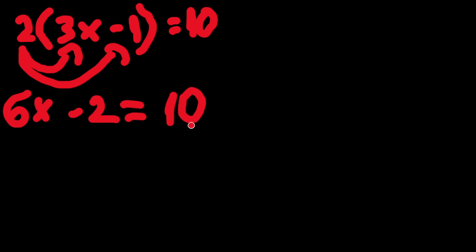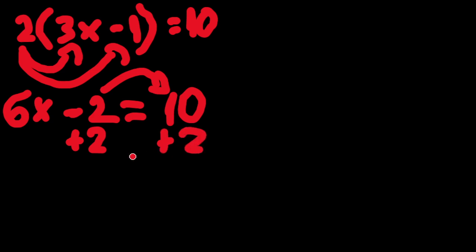Equals 10. Now let's bring number 2 to number 10. So we have a minus there. We're going to write the opposite, plus 2. Minus 2 plus 2 equals 0. And here we're going to have a plus 2 as well. If we do plus 2 here, we have to do the same on the other side.